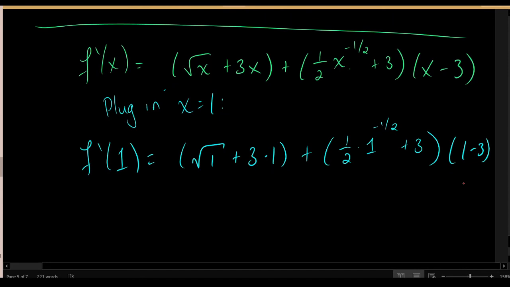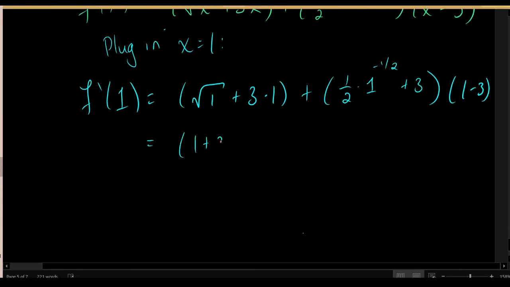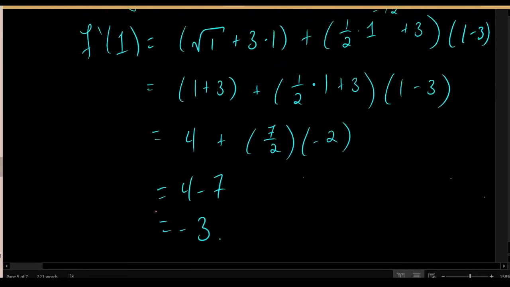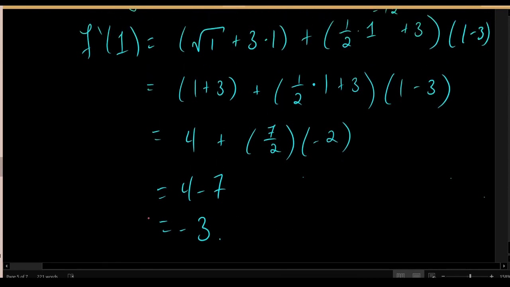And at this point, this is now just an arithmetic problem. So the slope of the tangent line to the function at x equals 1 is equal to negative 3. Conceptually, that would mean that the original function is decreasing.